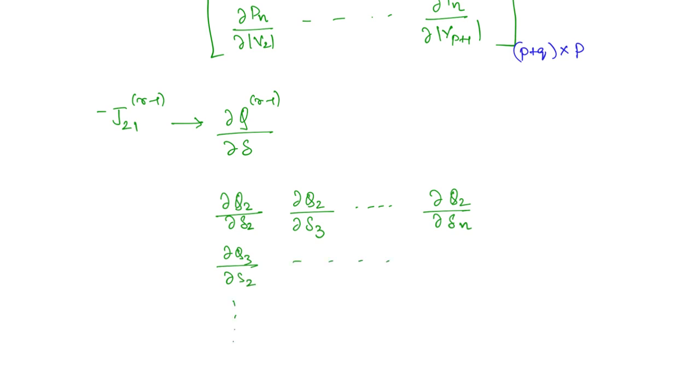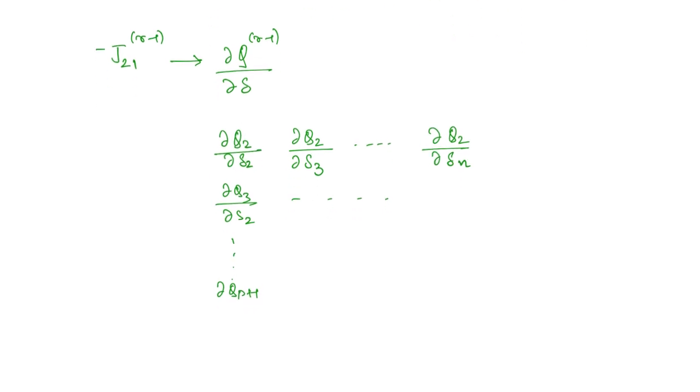The last row is going to be ∂Q(p plus 1), because we are only doing this for the PQ buses, with respect to ∂δ2, continuing till ∂Q(p plus 1) with respect to ∂δn.